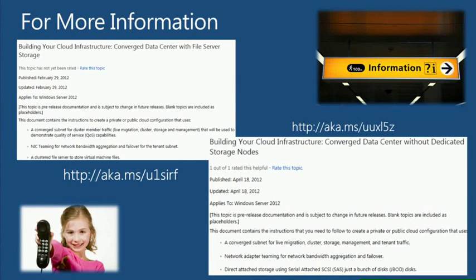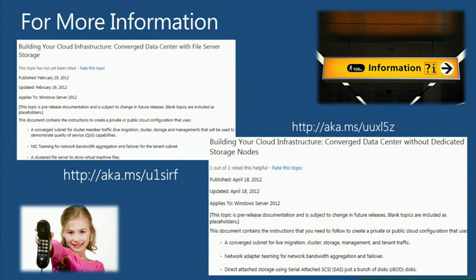If you want more information about the configurations and the design patterns that I put together today, and you actually want to do it yourself, we have step-by-step end-to-end guidance on how to build each of those 3 design patterns. This one here is the converged with file server, the thing that I was going to build today for you.